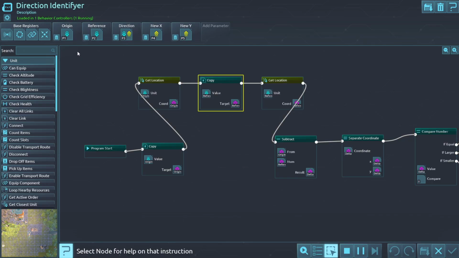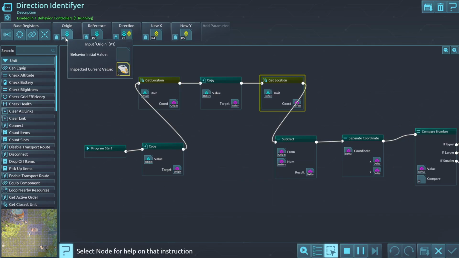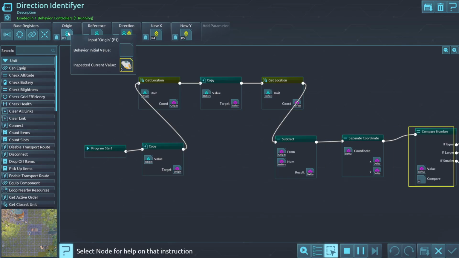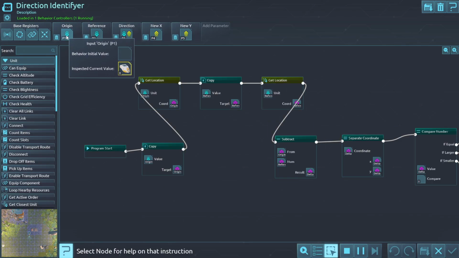So when you input a unit reference, like I've done, where I'm using the unit reference to the scout as the input for the origin, you're actually inputting a pointer that points to the scout. So it doesn't actually have a coordinate saved as part of its value.